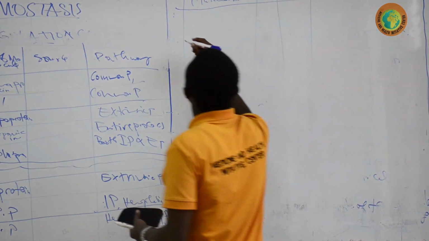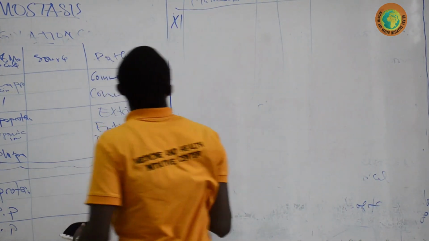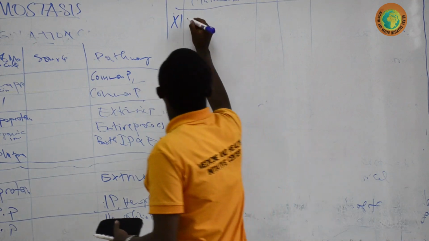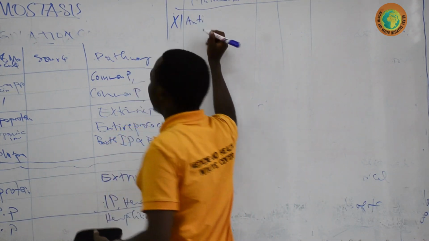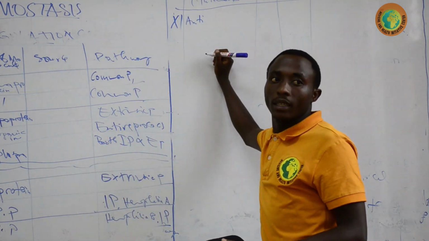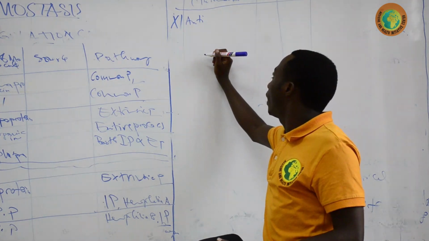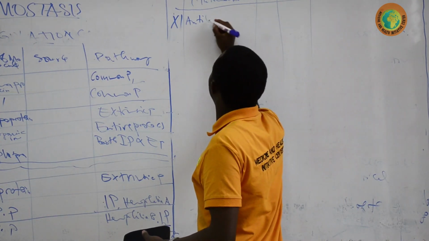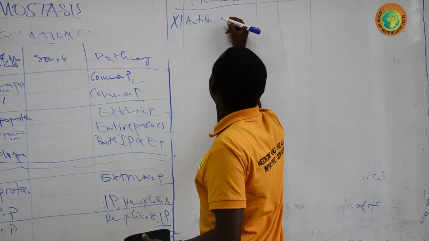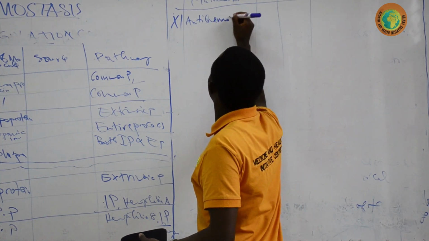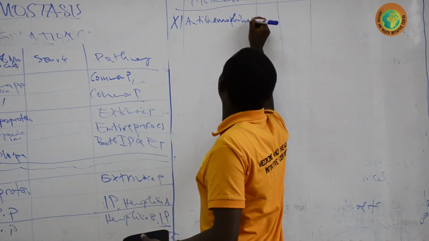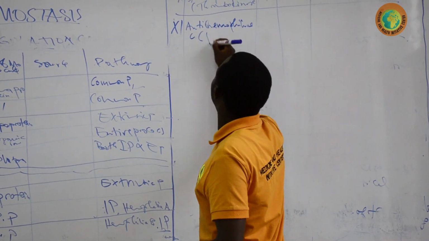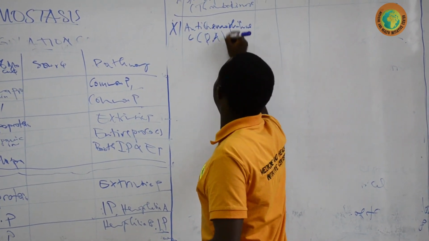Factor 11 is anti-hemophilic C or plasma thromboplastin antecedent.